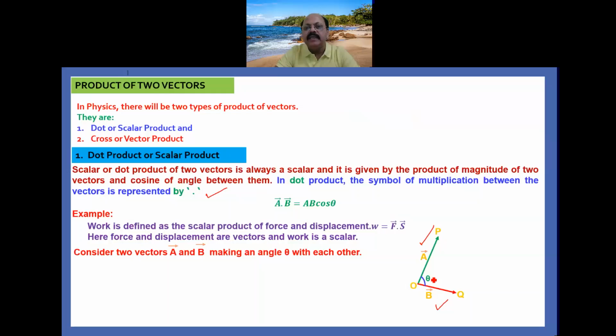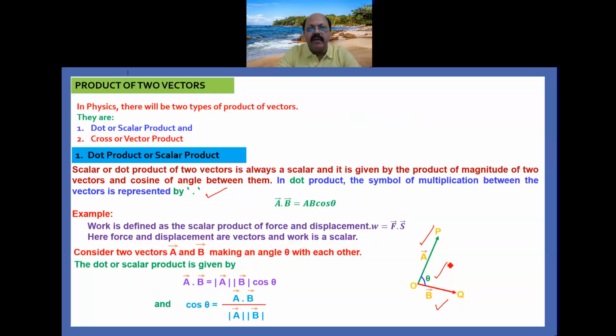They make an angle theta with each other. Then we can write the scalar or dot product A vector dot B vector equal to mod of A vector, mod of B vector, and cos theta. So from here, cos theta equal to A vector dot B vector upon mod of A vector mod of B vector.